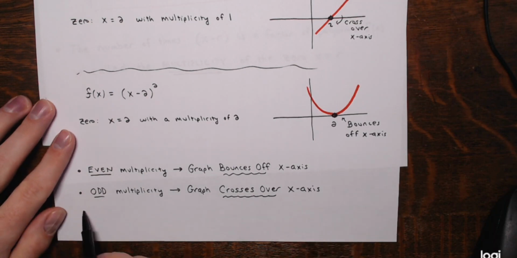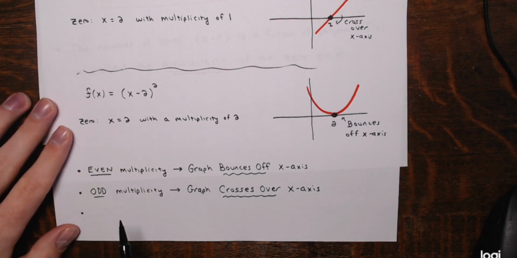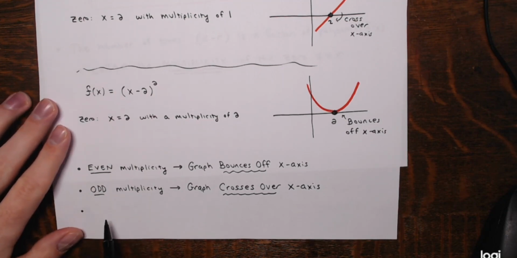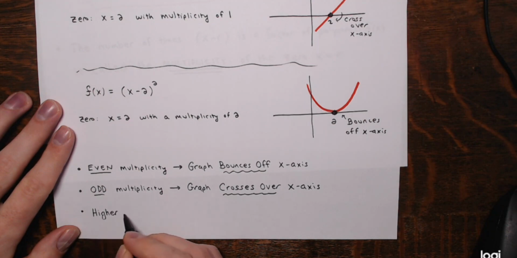All right, and one more thing to point out, the higher the multiplicity, the wider and flatter the graph looks near the x-intercept.